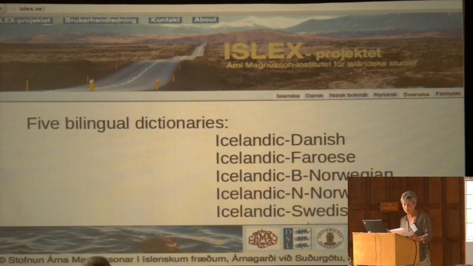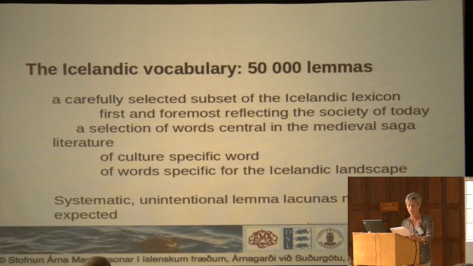The around 50,000 Icelandic lemmas are selected with respect to adequacy and representativity in relation to the Icelandic lexicon and to the manifold objectives of the dictionary. The emphasis lies on the modern Icelandic lexicon and the Icelandic society of today, as it is reflected in the lexicon.